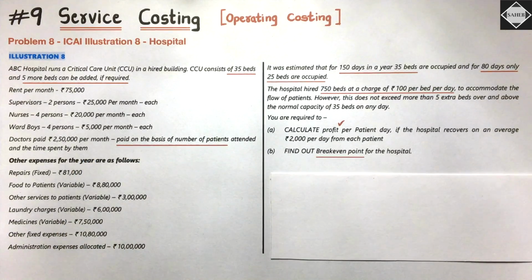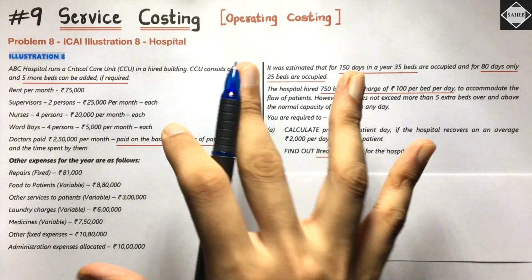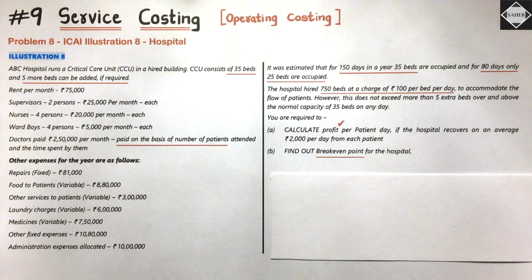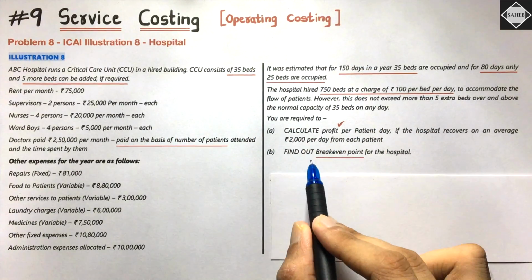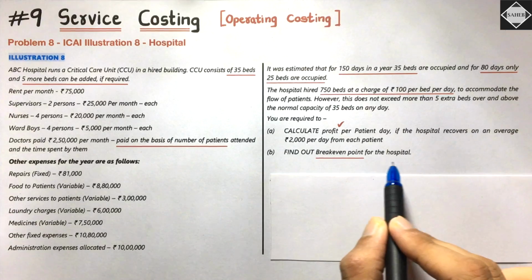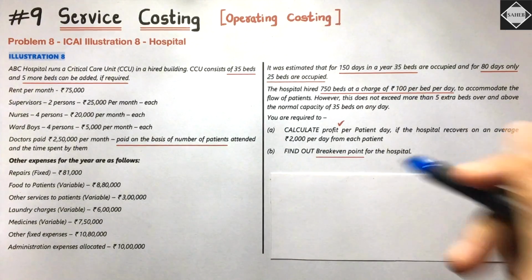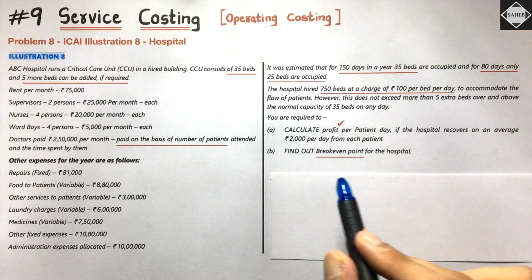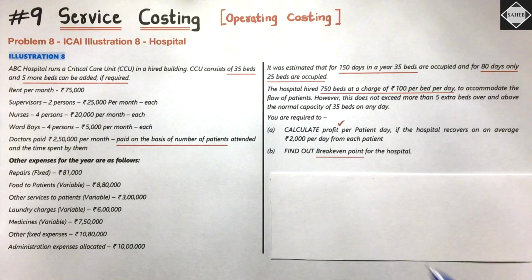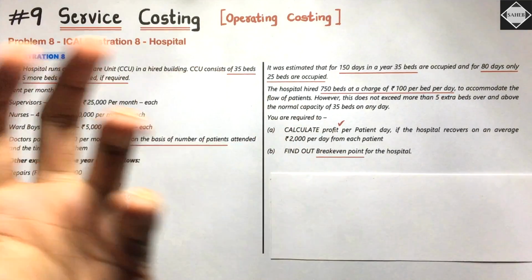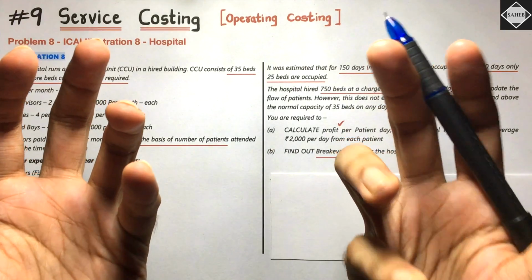Okay. Now one important thing you have to understand. See, here in this question, what is happening? The requirement is, see this B requirement, find out break even point for the hospital. You see, marginal costing is coming over here. They are asking to calculate break even point. So if you have to calculate break even point, then you must know how much is variable cost and how much is fixed cost.